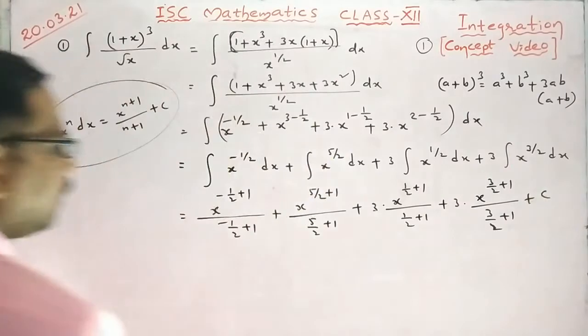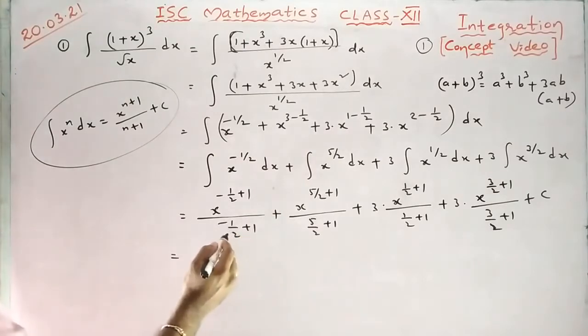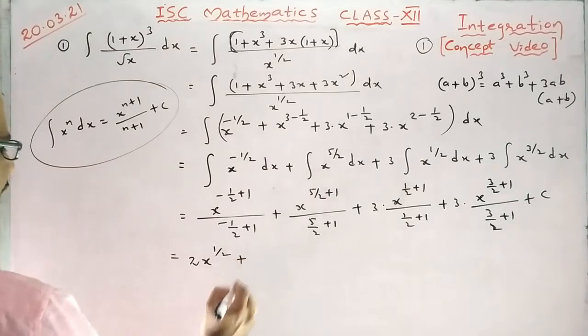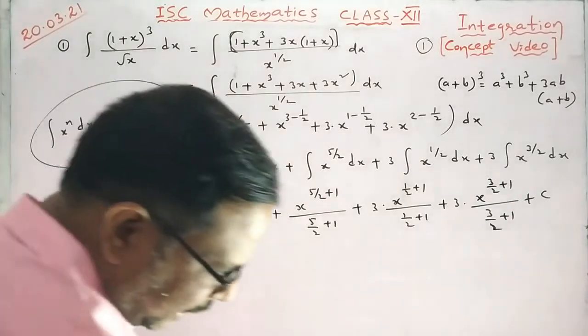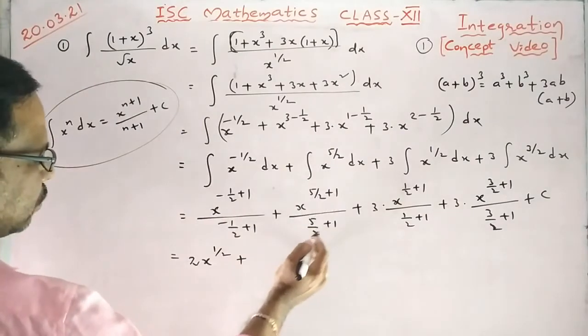plus c. So if you simplify this, x to the power, this is 1 by 2. 1 minus 1 by 2 will be 1 by 2 though. So if you bring it into the numerator, you will get 2x power 1 by 2. This will be 5 plus 2, 7 by 2.